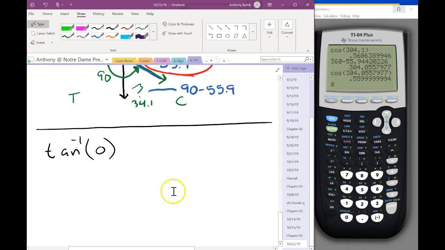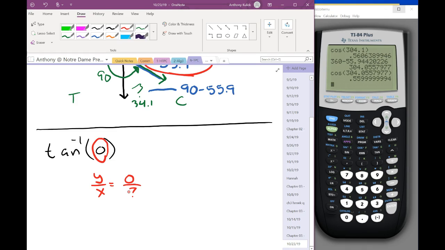Yes. So if I go and think about this, remember that tangent is y over x. So I'm looking for a place where the y-coordinate is 0, and the x-coordinate can be anything other than 0, and it's still going to be fine, right?